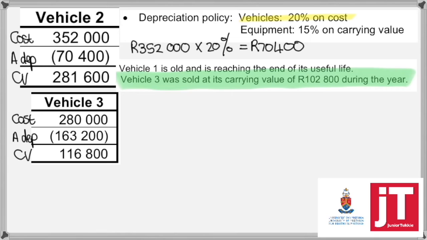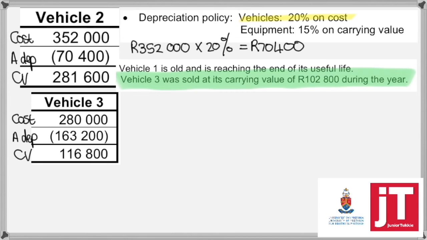Number 1, you should know that the carrying value will always appear in your tangible asset note, disposal at carrying value. So this is an example where we didn't make a profit or a loss on the sale of the asset. So that 102,800 can immediately go to your tangible asset note, disposal at carrying value.